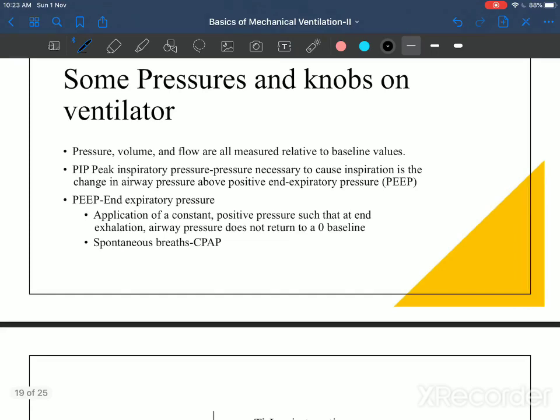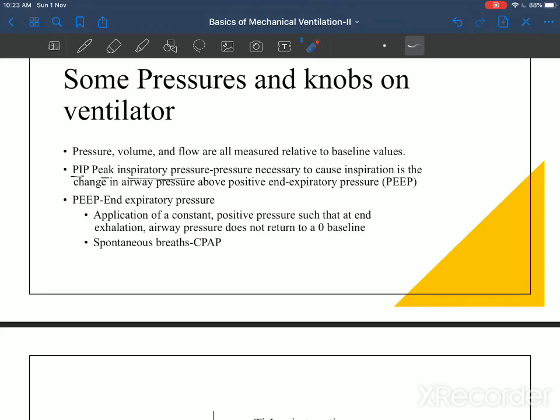Some pressure knobs on the ventilator. I think all of you must have seen this, PIP, correct? PIP is peak inspiratory pressure. Peak inspiratory pressure is the pressure set above the end expiratory pressure to cause an inspiration by a change in airway pressure. PEEP we just now saw. Usually it's called PEEP when you use it along with the assist control mode or mandatory ventilation, your general modes.